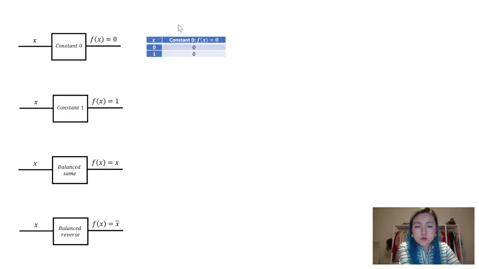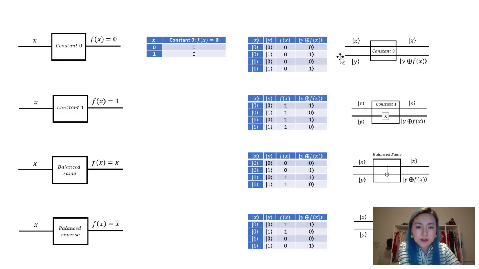And you can write a truth table. This is how a constant with x would look like. But now we're dealing with a quantum algorithm, so you need to expand it even further. Your truth table would have all these possibilities written out. So if your x is 0, your y could be 0 or 1.